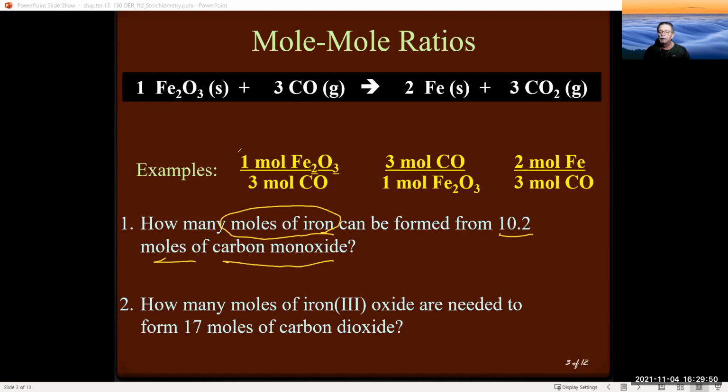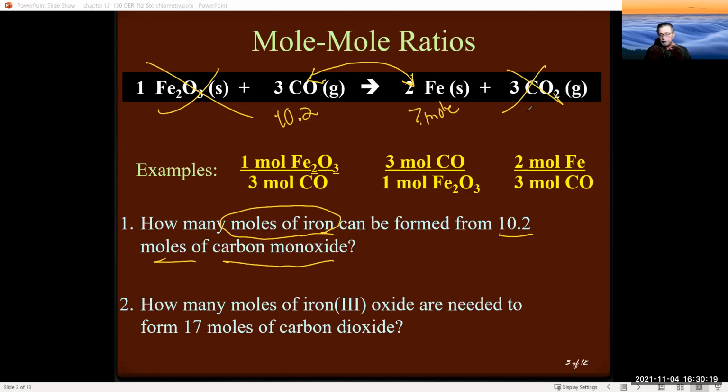So when we look at the balanced chemical equation and based on the question, our only concern is the moles of iron from 10.2 moles of carbon monoxide. And so our only concern is the relationship between carbon monoxide and iron. We don't care about all the other guys, okay? And I can't overemphasize that.